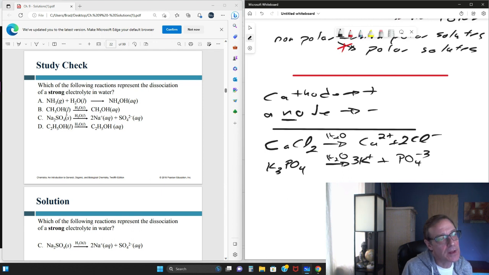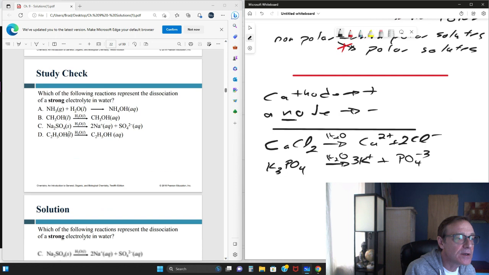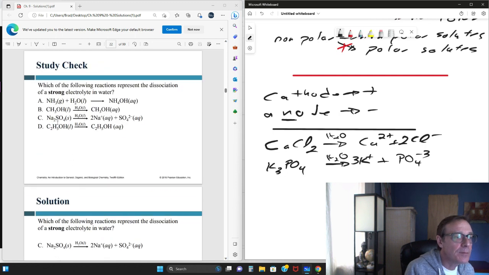Likewise with, I guess that is methanol, nonpolar in solution. And there we have the dissociation of sodium sulfate into 2 sodiums and a sulfate in aqueous solution. Polar, so we can probably stop right there. The last one is just some alcohol that has not dissolved at all. So we know that C is the one that's going to be a strong electrolyte in water.